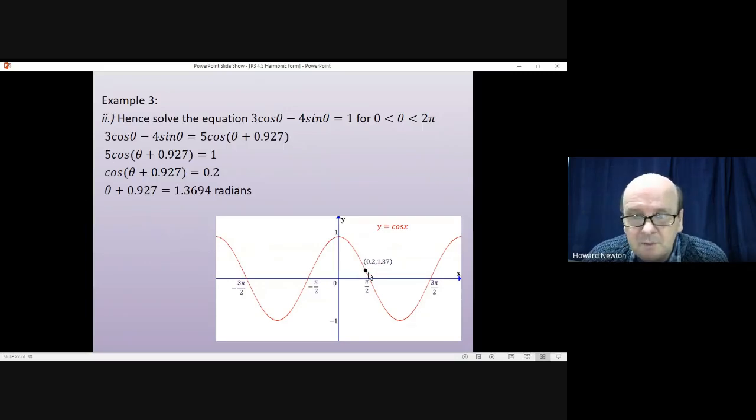So that's the one we found already, which is at 0.2, 1.37. In the range 0 to 2 pi, there'll be one more solution. To find that, I'd use the symmetry of the curve. So 2 pi take away 1.37 gives us 4.91.